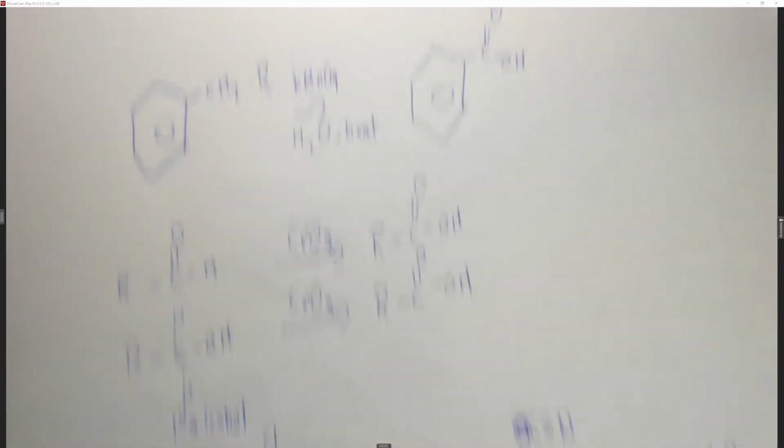The next thing we can do is use Grignard reagents. Remember that Grignard reagents are generally used for forming alcohols from aldehydes and ketones. But there is a special case when we use carbon dioxide, and often the carbon dioxide is used in the form of dry ice.